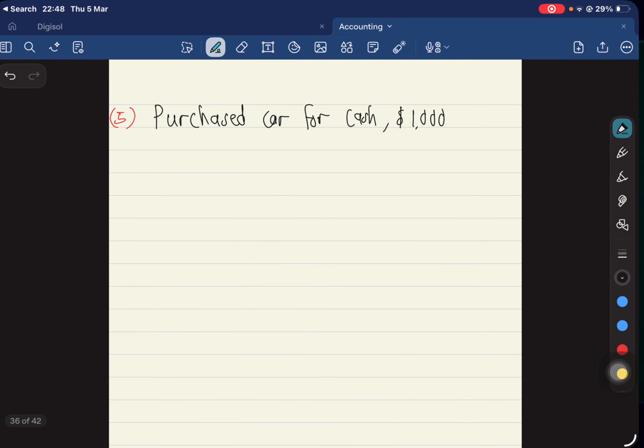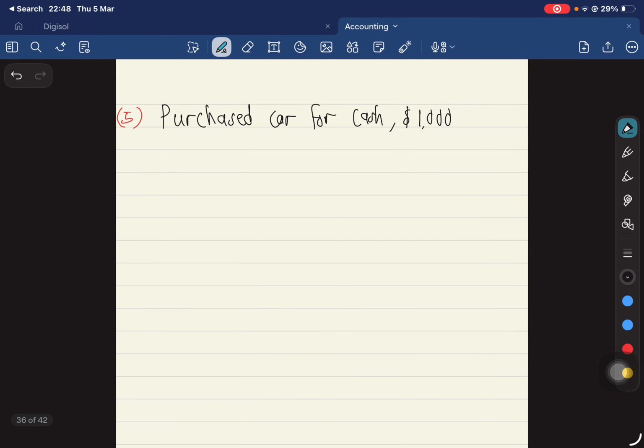So the business purchased a car for cash. Now let's try and identify the accounts involved. Purchase car for cash. It means the business bought a car and they paid by cash. So we know the cash account is 1.